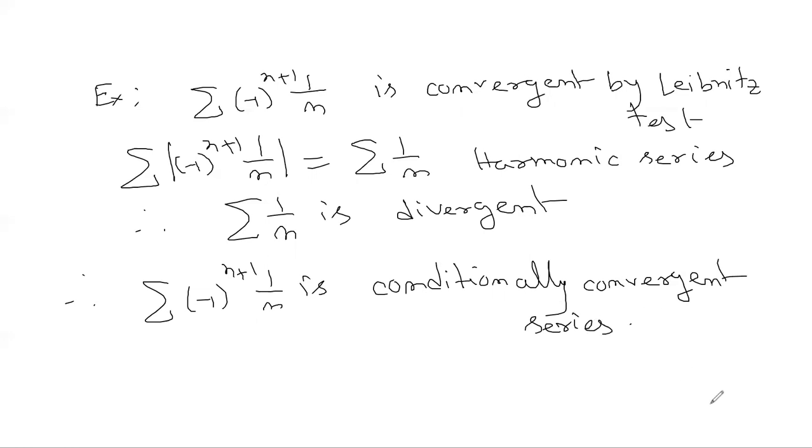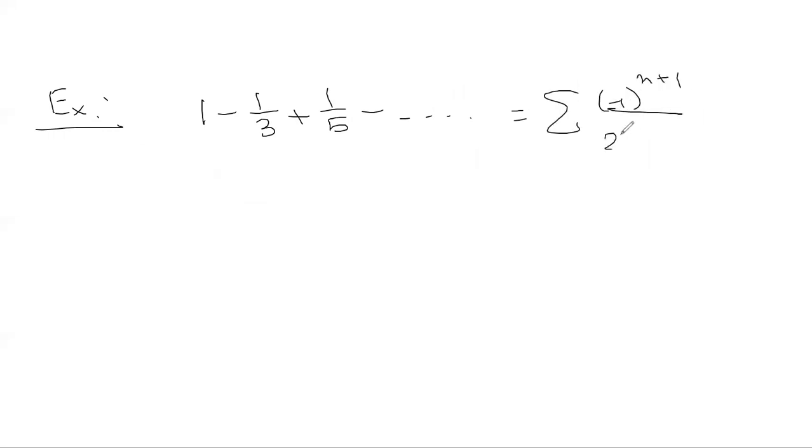Let us consider another example. Let us take 1 minus 1/3 plus 1 by 5 and so on. This can be written as minus 1 power n plus 1 by 2n minus 1.